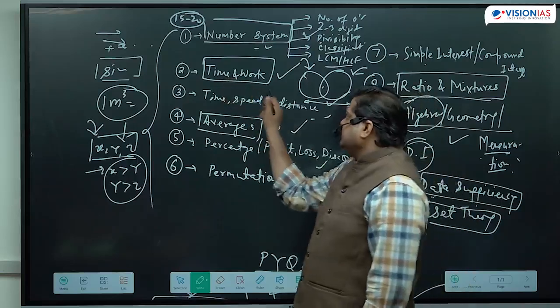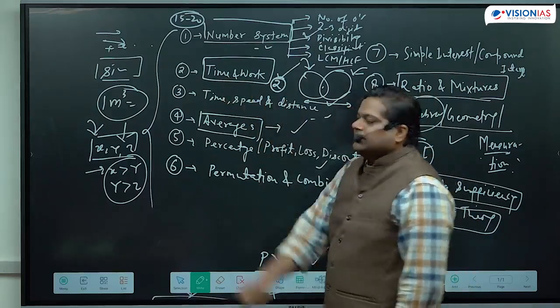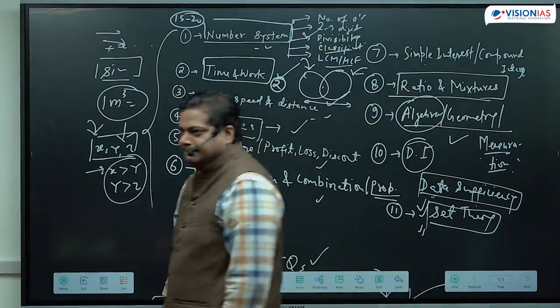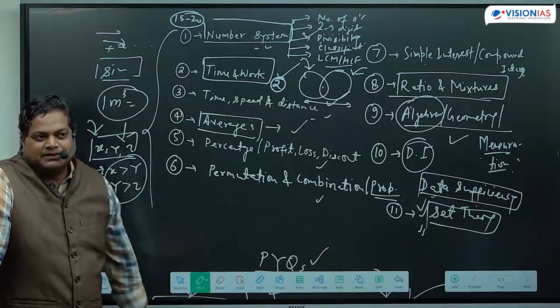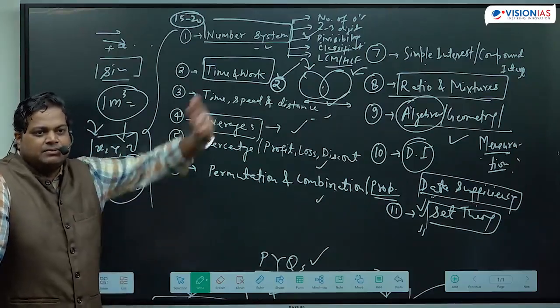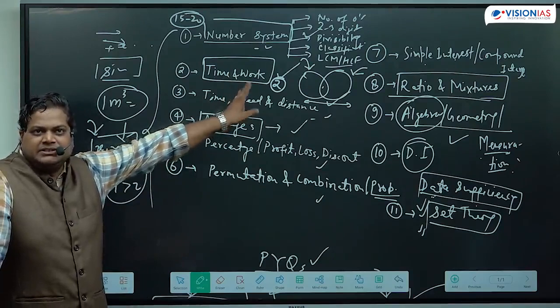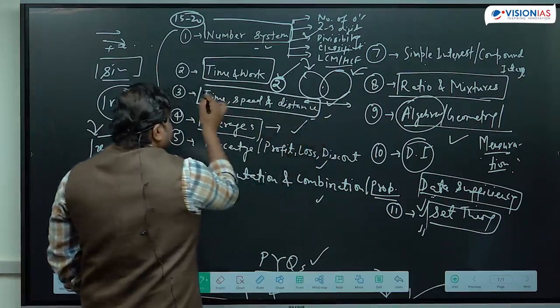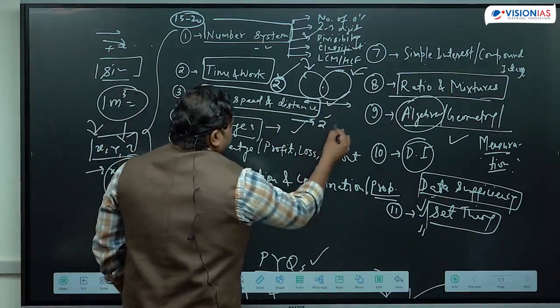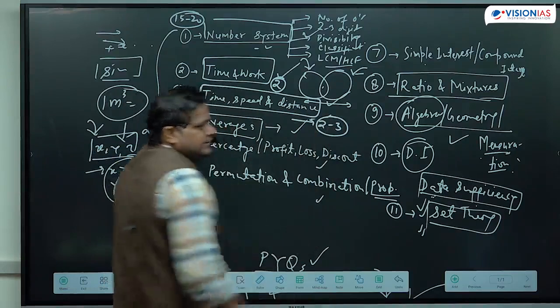Then we have time and work. Every year 2 questions. Some year only 1 question also. But every year we can see questions from time and work. Average is 2. Then time, speed and distance. 2 to 3 questions every year.